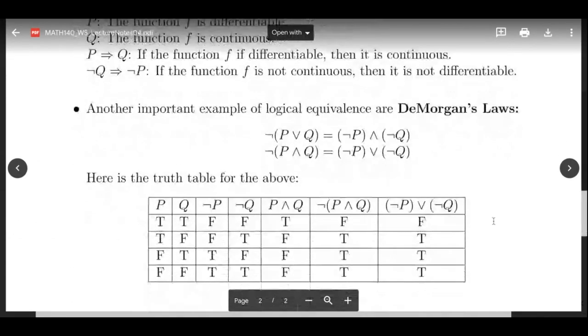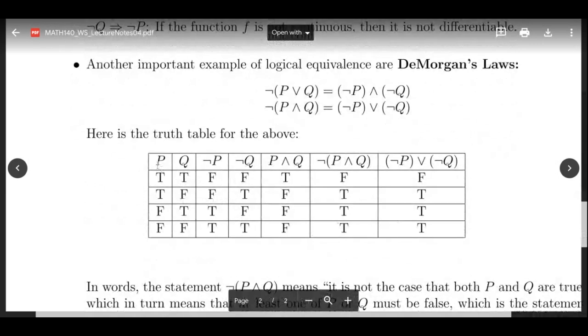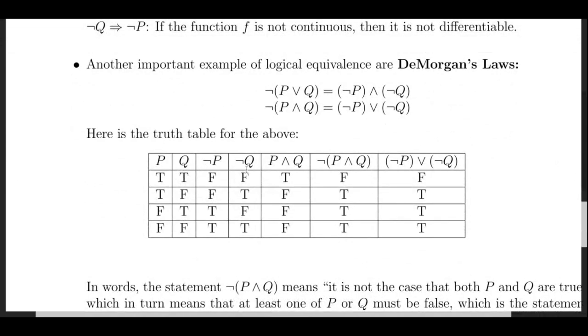So let's see the truth table for De Morgan's law. So we have P, Q statements with not P, not Q statements. For P and Q, we need both to be true. Let's see the first row: if P is true and Q is true, P and Q would be true, and not (P and Q) would be false, right?